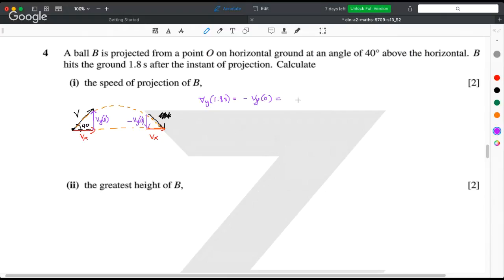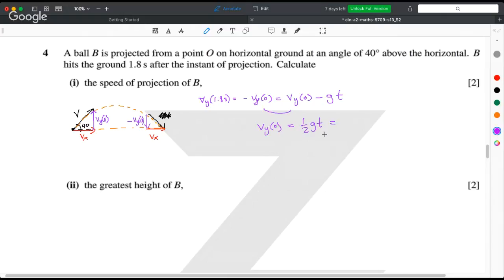But you can also use the constant acceleration equations, which tell you that this must be equal to the initial velocity minus g times t. If we rearrange these two, we get that vy at 0 is equal to 1/2 gt.